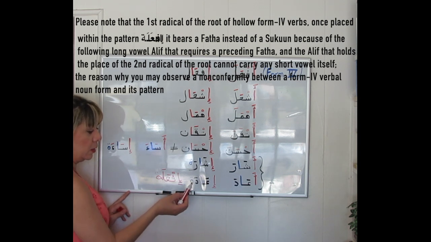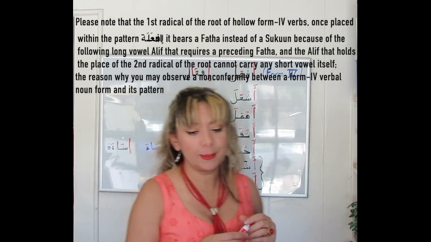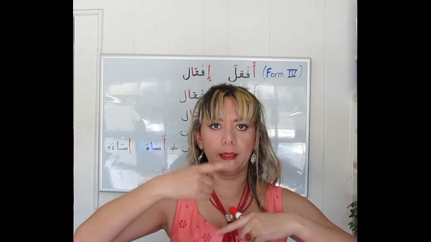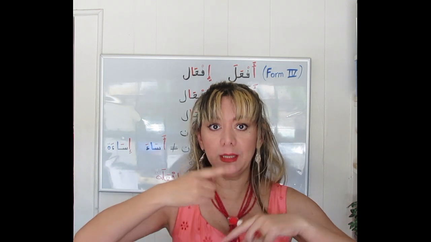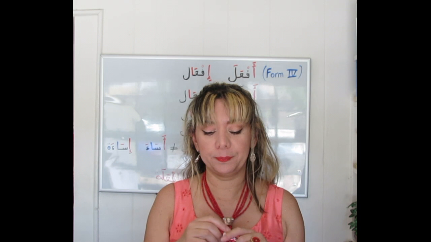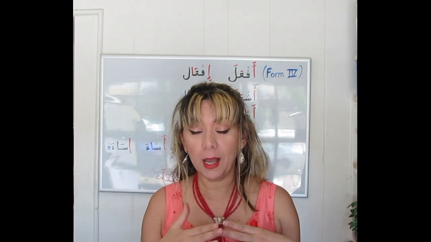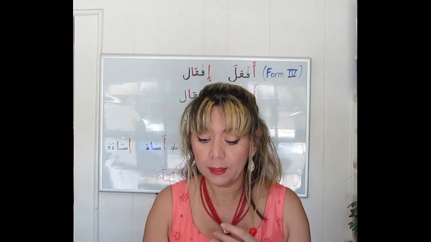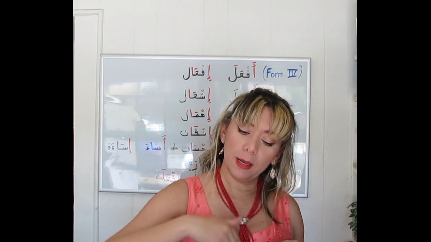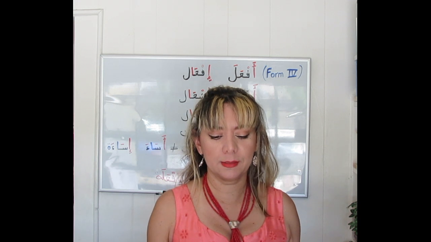And then a tight ta is added toward the end. إعادة. So إعادة is returning or repeating. So when something is repeated, it can be a word, an action, whatever. And the verb أعاد, the hollow verb form 4, means to return or bring back or repeat. It all depends on the context.